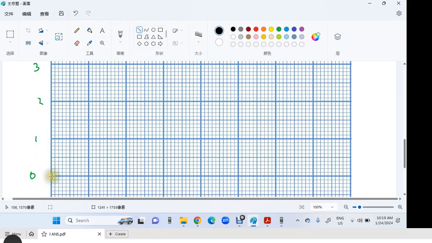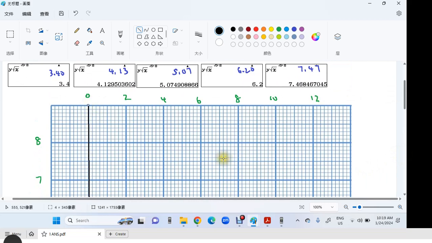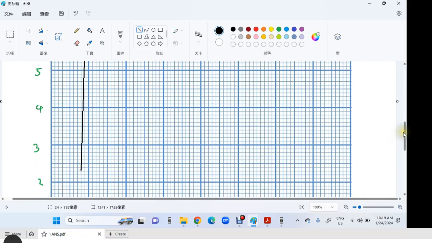So this is the x-axis, and then we have the 0 here, and this is the y-axis.